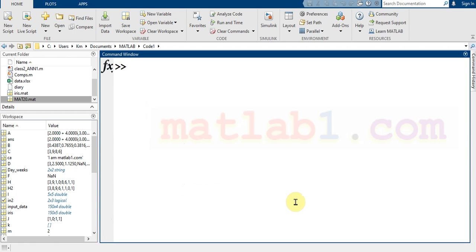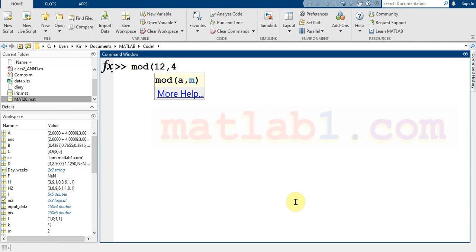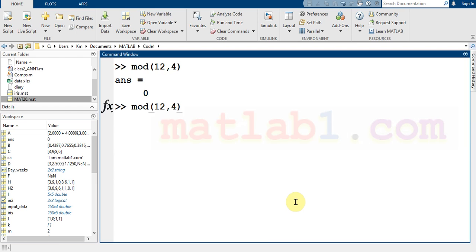The next function that you must know about is mod. Mod is the remainder after division. For example, 12 and 5.